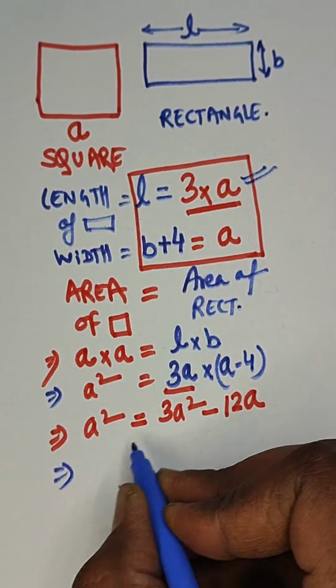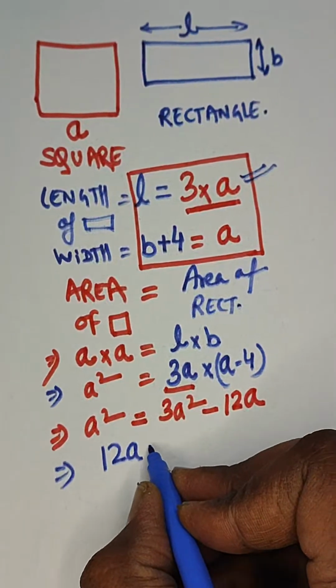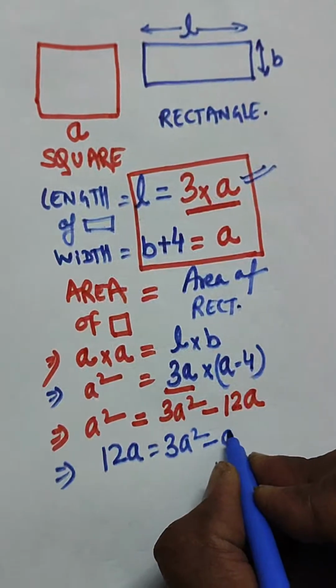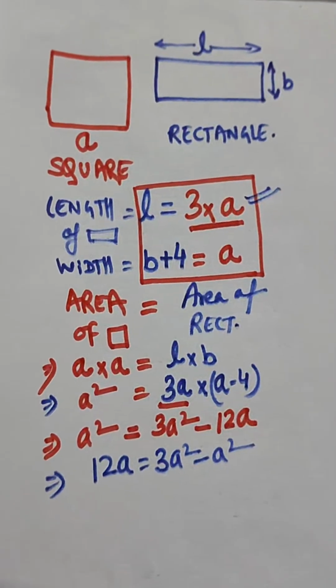So before that, you can write 12a going into the LHS will become plus, and a square going into the RHS becomes 3a square minus a square. Isn't it? Tell me. Isn't it?